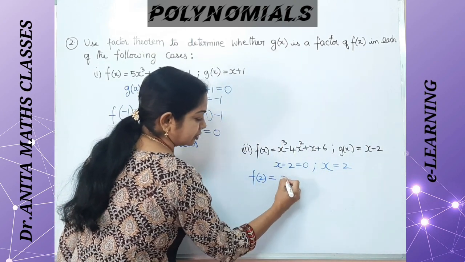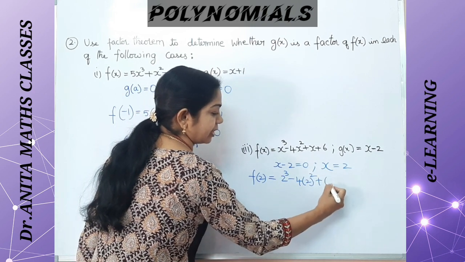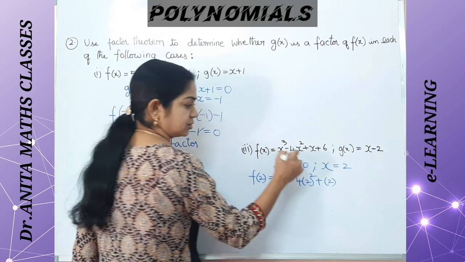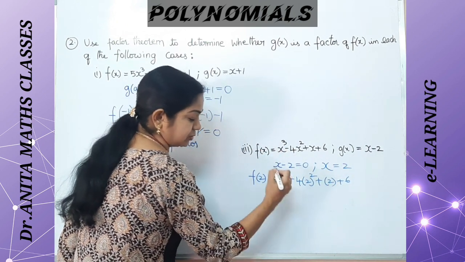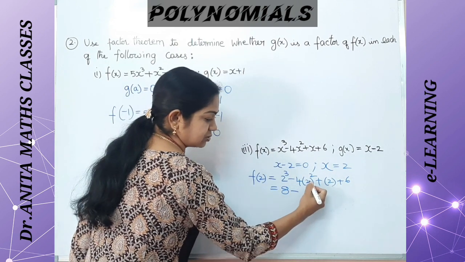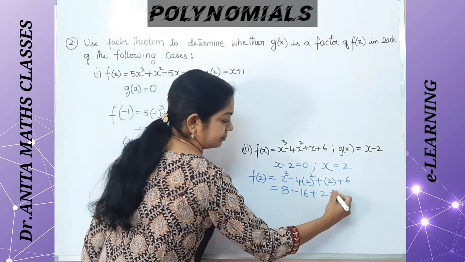So f of 2 is 2 cube minus 4 into 2 square plus 2 plus 6, where in place of x I am substituting 2. 2 cube is 8, and 2 square is 4, 4 into 4 is 16, plus 2, plus 6.